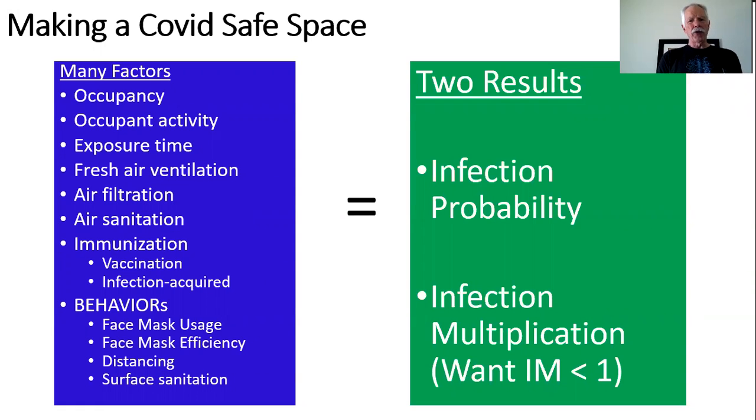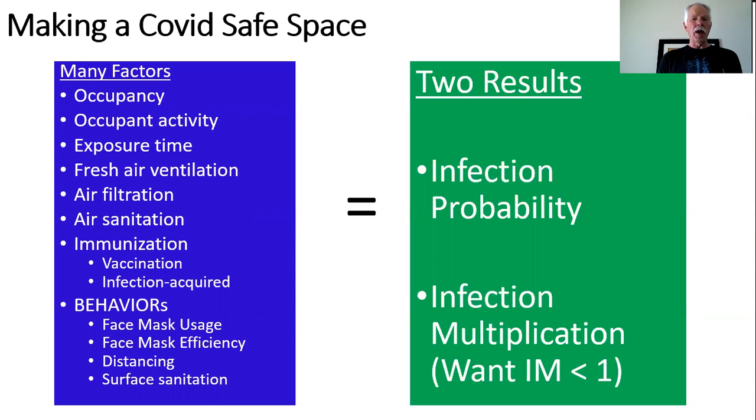As you follow through this series and the other introductory videos, you'll see that there's a wide range of interacting inputs with two primary results. We want to know first the infection probability, that is, for any of us who might be susceptible, our chances of catching the disease from an infectious person.